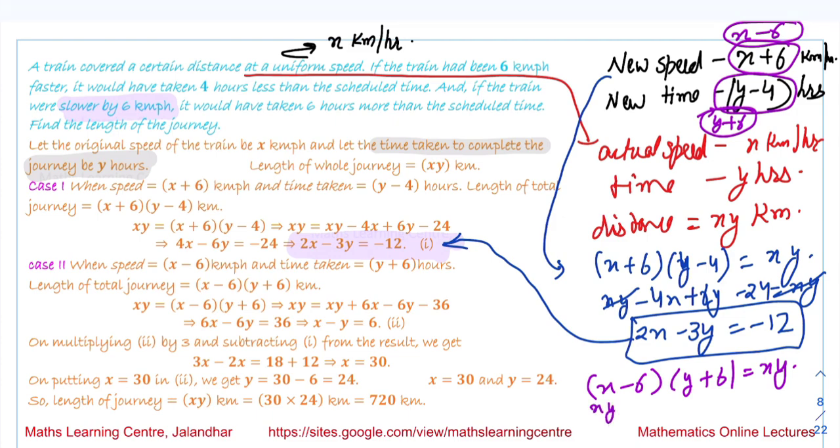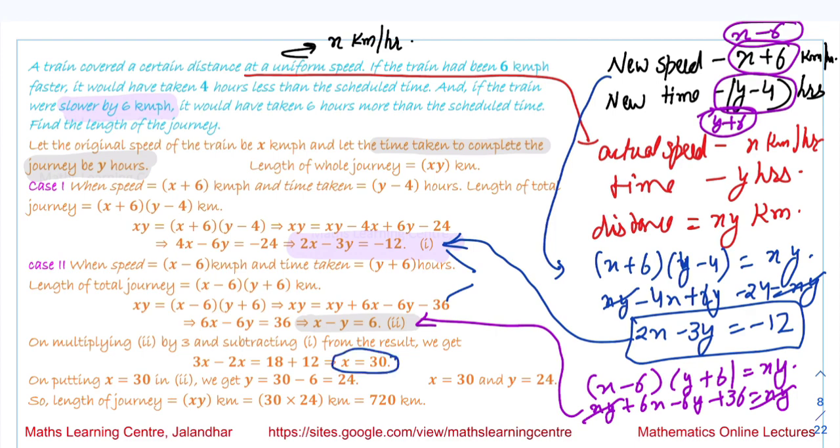So we get xy plus 6x minus 6y minus 36 is equal to xy. So this gives us the equation x minus y is equal to 6. Now we have these two linear equations, and on solving them, we get the value of x is equal to 30 and y is equal to 24.